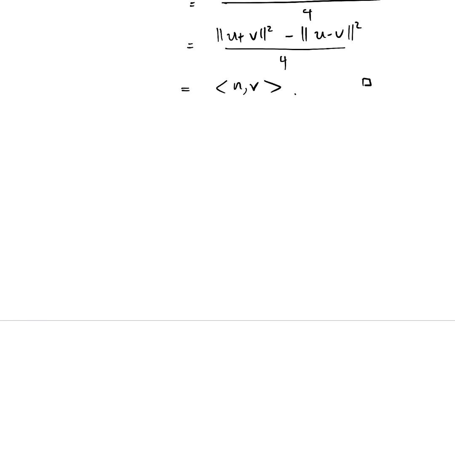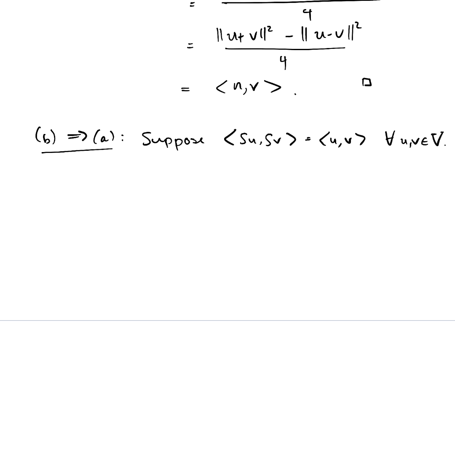Let's move on to B implies A. Suppose that S preserves inner products for vectors in big V. Well, check this out then.